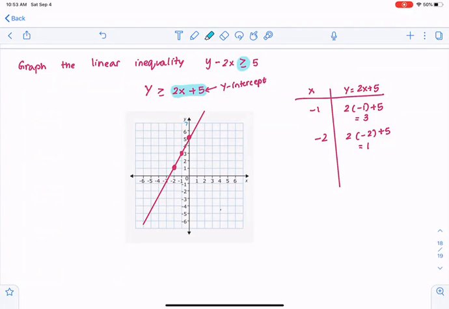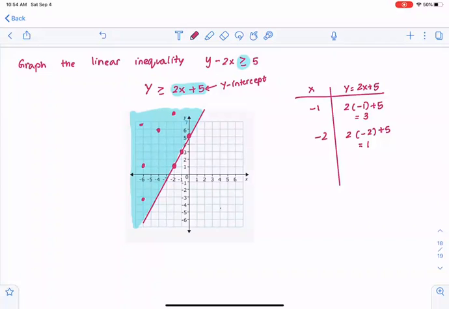Since we have greater than, everything above the line will satisfy the inequality. You can verify this by taking x and y values and plugging them into the inequality. So any point here, there, and beyond will satisfy the inequality.